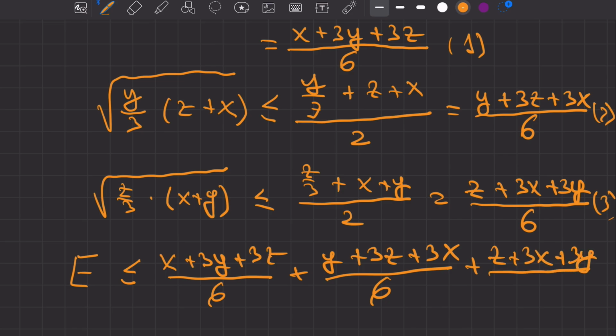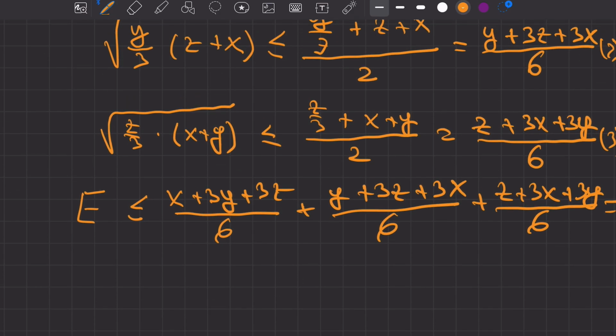We can see that we have over 6, so we're good with this one. And let's count x: 1 plus 3 plus 3, so it's 7x plus, same way we get 7y plus 7z, which is equal to 7 over 6 multiplied by x plus y plus z.